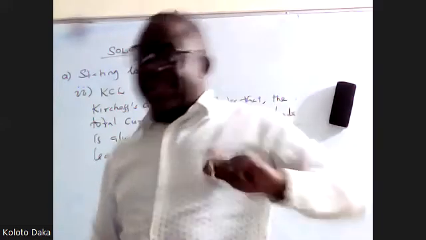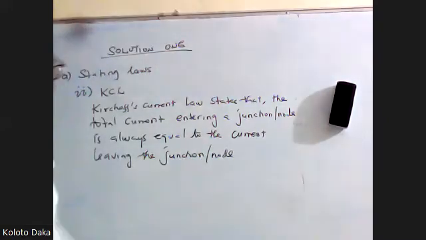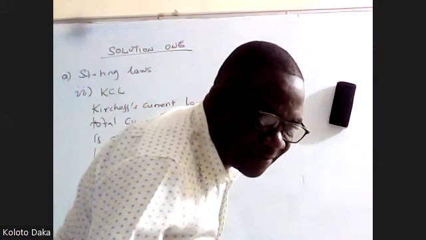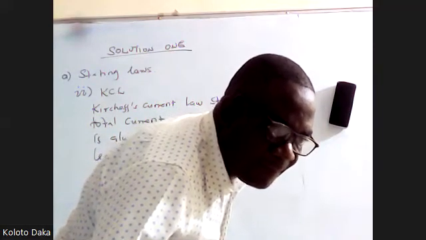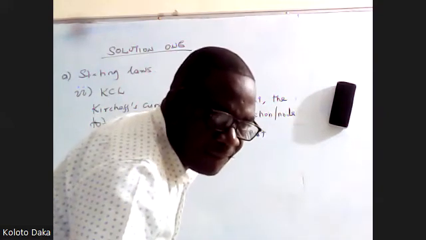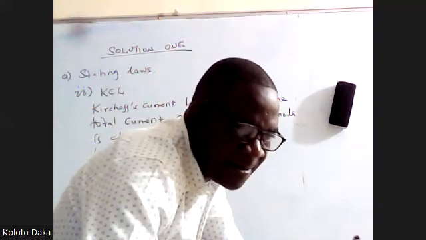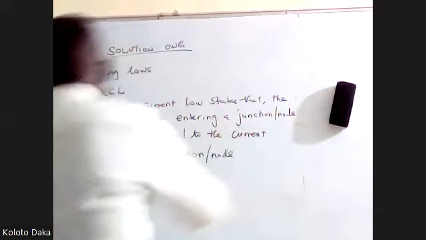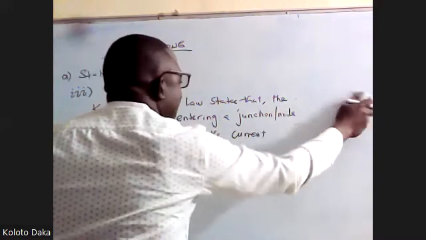So current entering a junction is equal to current leaving a junction. We proceed. Okay, next.